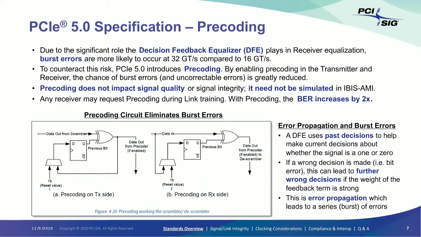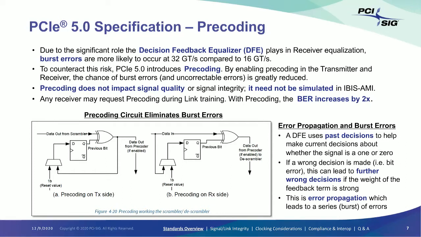Now, that's very helpful for recovering the signal and equalizing effects such as reflections without amplifying crosstalk. But one potential problem is that if the DFE makes a wrong decision, then that wrong decision will be fed back and scaled by a certain weight when making the decision on the current bit.